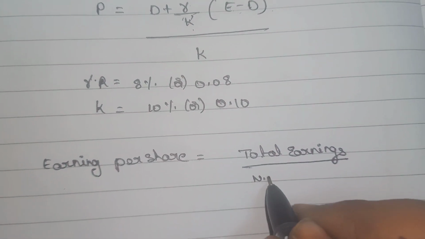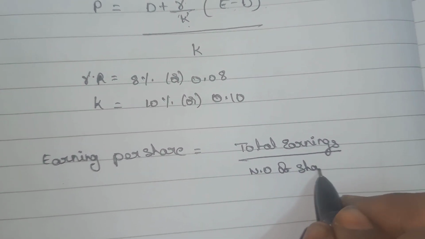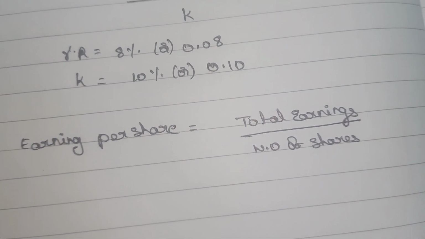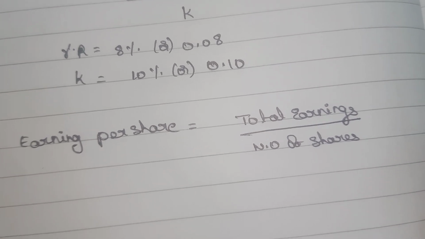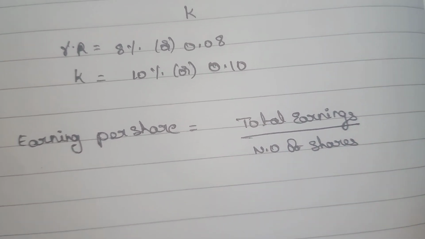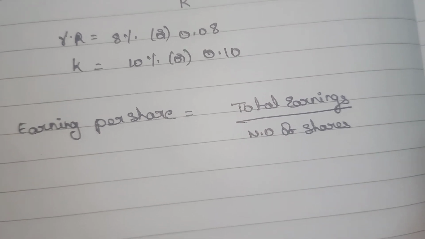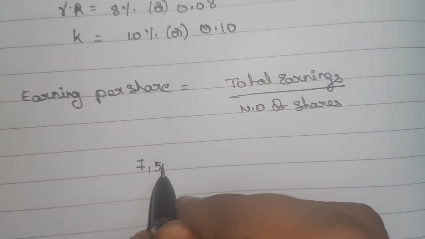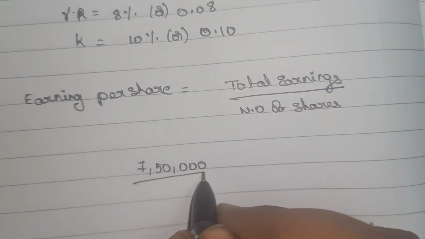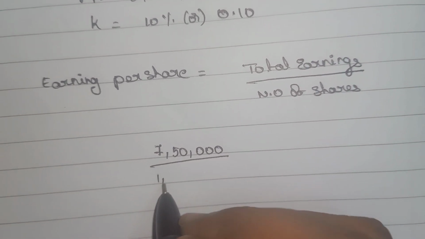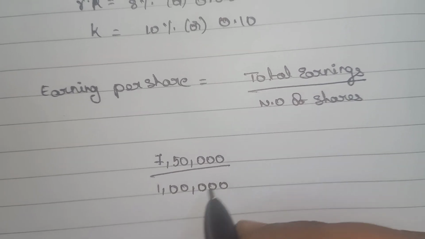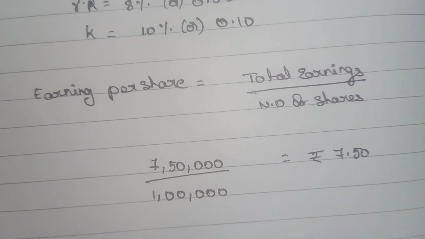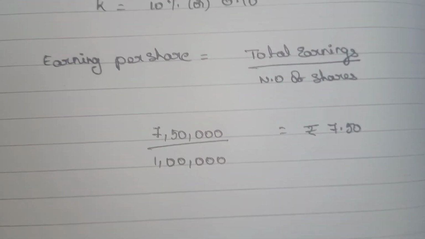Total earnings is the expected earnings, 7,50,000, and the number of shares is the 1 lakh equity shares the company already has. So 7,50,000 divided by 1 lakh. While calculating, the earnings per share is rupees 7.50. Okay, now the earnings per share is equal to 7.50.